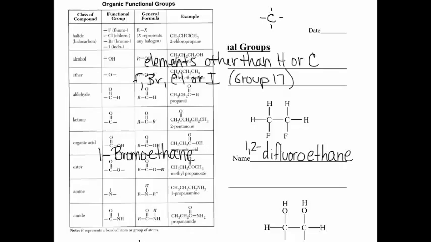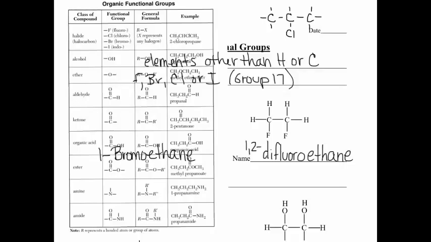And then it is bonded to a carbon that also has a hydrogen. But what's different here is you see that Cl, it's also bonded to a chlorine. And it wouldn't matter if you put that on the bottom or on the top, as long as it's on that second carbon. And then our third carbon, our last one, has 3 hydrogens like this.